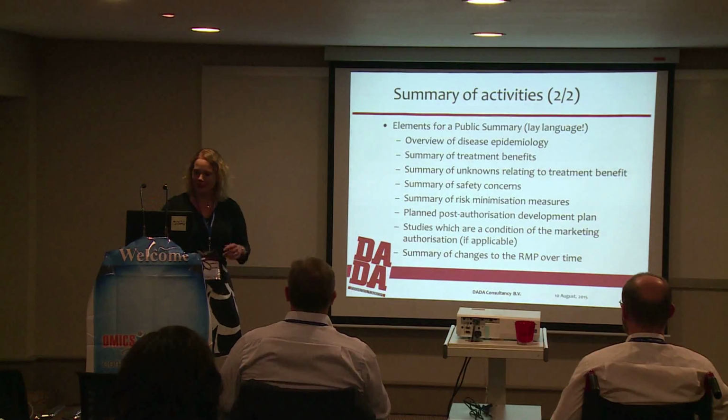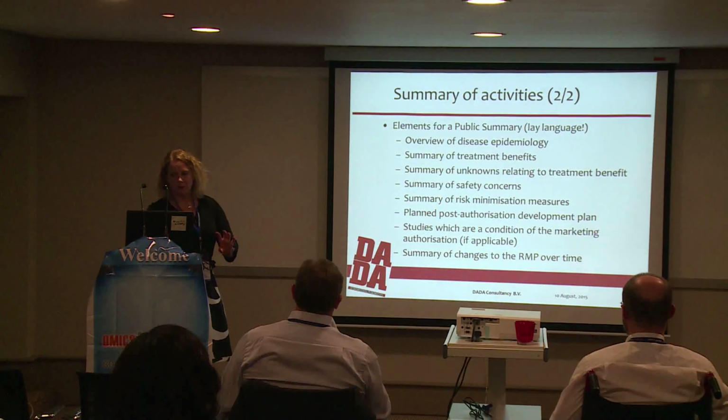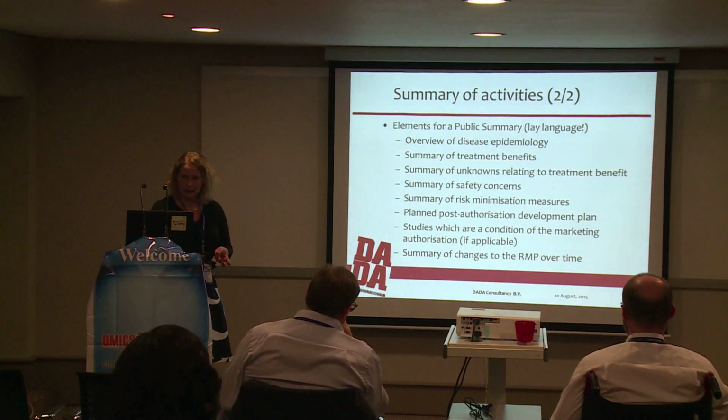It gives you a lot of room to make a very large risk management plan. It should provide a summary of treatment benefits, unknowns relating to treatment benefits. It should present the safety concerns, so the identified, potential risks and the missing information. Summary of what you plan to go and do, if any, a planned post-authorization development plan.